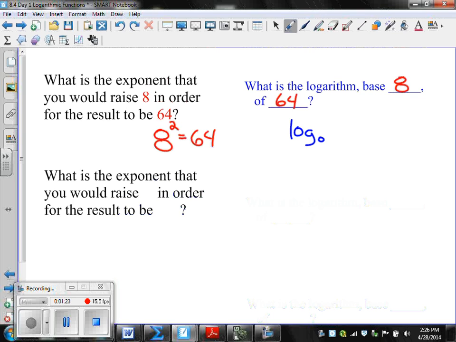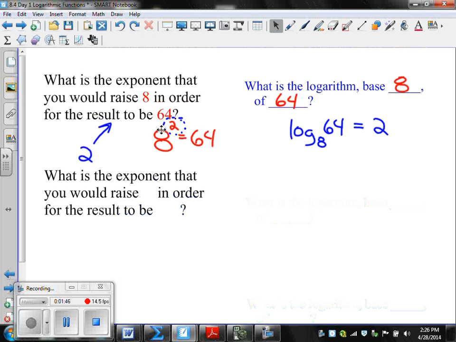Notice how 2 is the exponent over here. So in short, and we'll see this in the next example as well, a logarithm is just the exponent. What is the exponent base 8 that gives us 64? Well, that exponent is 2.